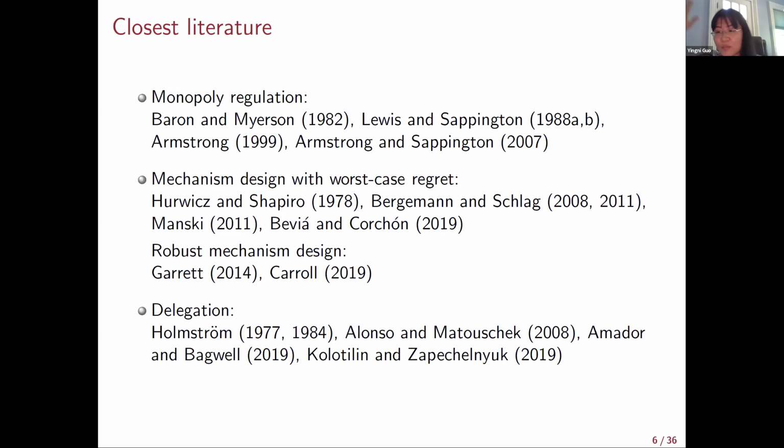In some years the demand for the permit is very high and the price is quite high, and in some years it's very low, the price is literally close to zero. So if you think about dynamics, I think it favors worst case regret more, because it's very hard for the regulation to formulate the priors. Thank you, Yingyi.